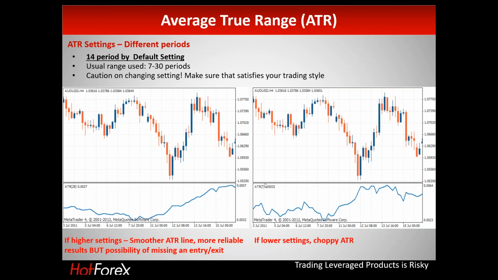While on the flip side, we have changed the ATR to a lower setting, and that gives us a choppy ATR line. So we actually might have some not so accurate results. Okay.